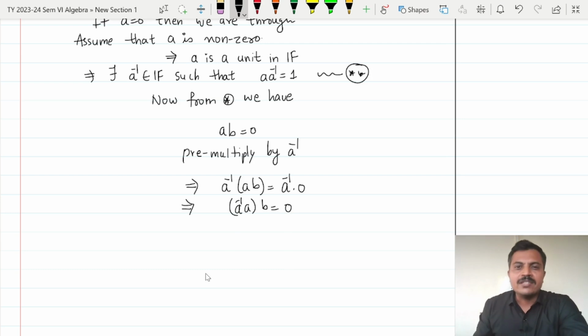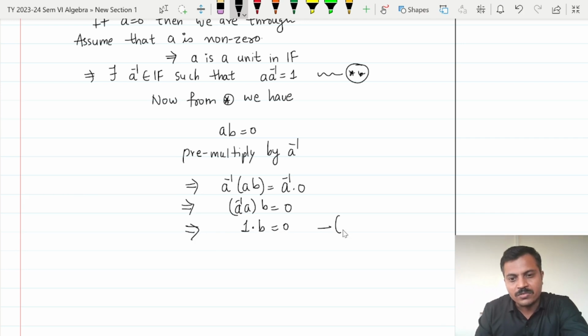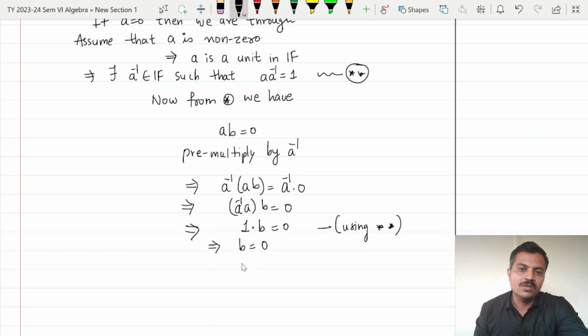But what is A inverse A? It is 1, right? From double star. So this implies 1B is equal to 0 using double star. But what is 1 multiplied by B? That is B, right? So this implies B is equal to 0.